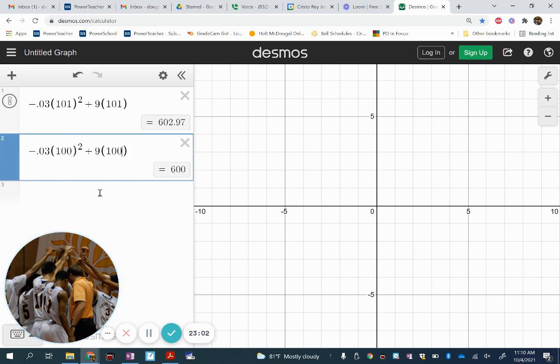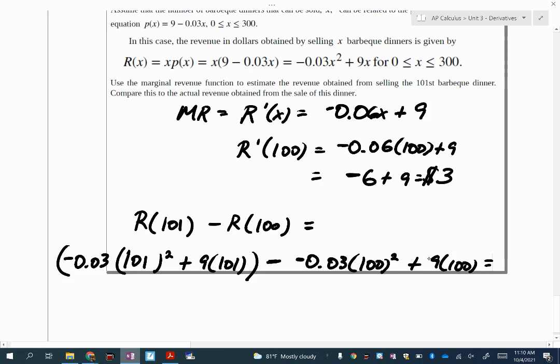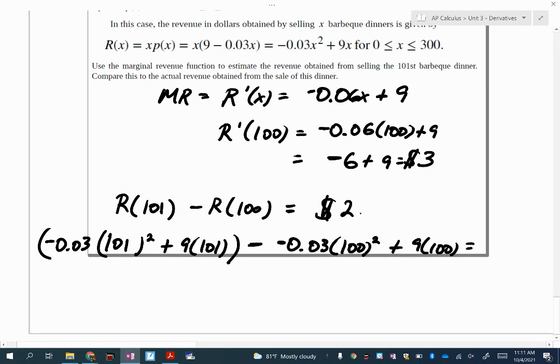And then if we subtract 602.97 minus 600, you can see that our actual revenue that we earned from selling that 101st dinner is $2.97. So the actual revenue is $2.97, which is pretty close. If you compare the marginal revenue estimate to what actually happened, the marginal revenue estimate is very close to the actual revenue that we obtained.